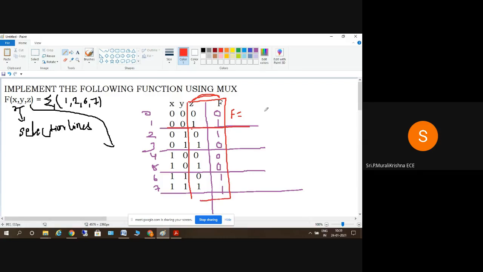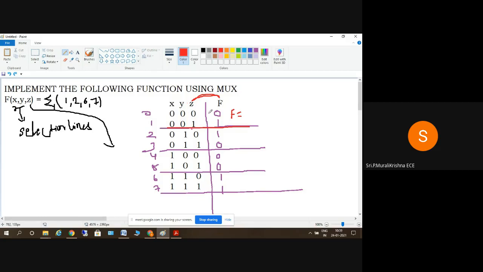So what is the answer? Compare with normal logical thinking.